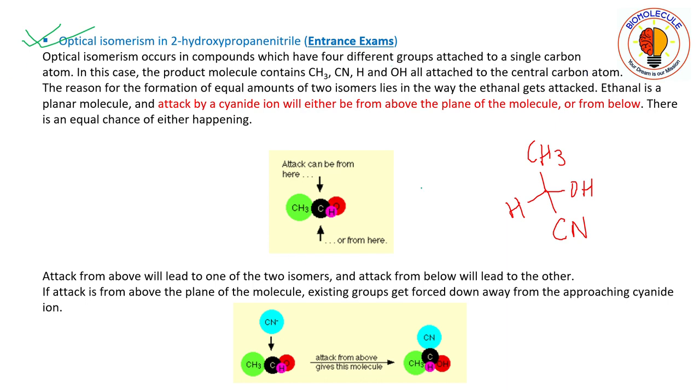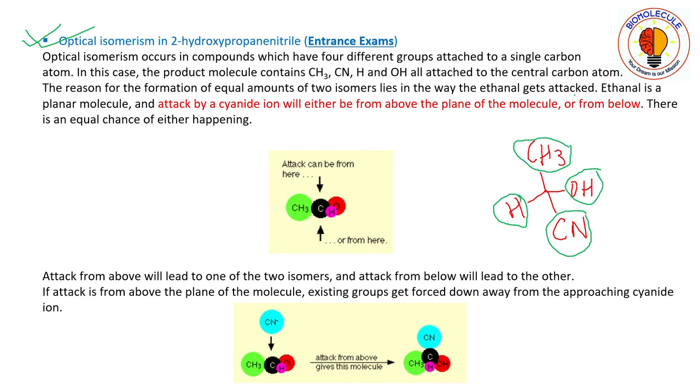Here we can see that this compound can show optical isomerism as the 4 atoms bonded to the carbon are different. In this case the product molecule contains CH3, CN, hydrogen and hydroxy, all attached to the central carbon atom.